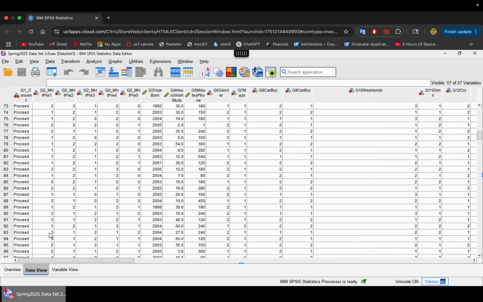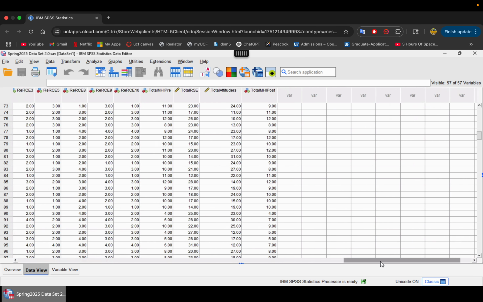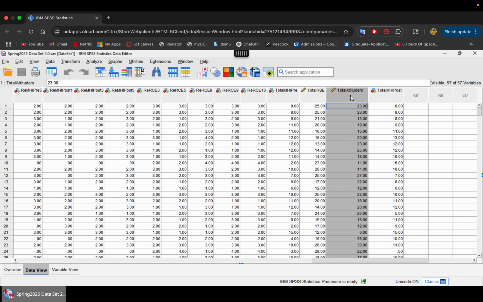Your data set should have all this. The thing that is most needed that you might not have is these totals. So the total mental health index pre, total self-esteem, attitudes, and then mental health index post. Today we're just going to be using the total attitudes, so make sure you have that on deck.